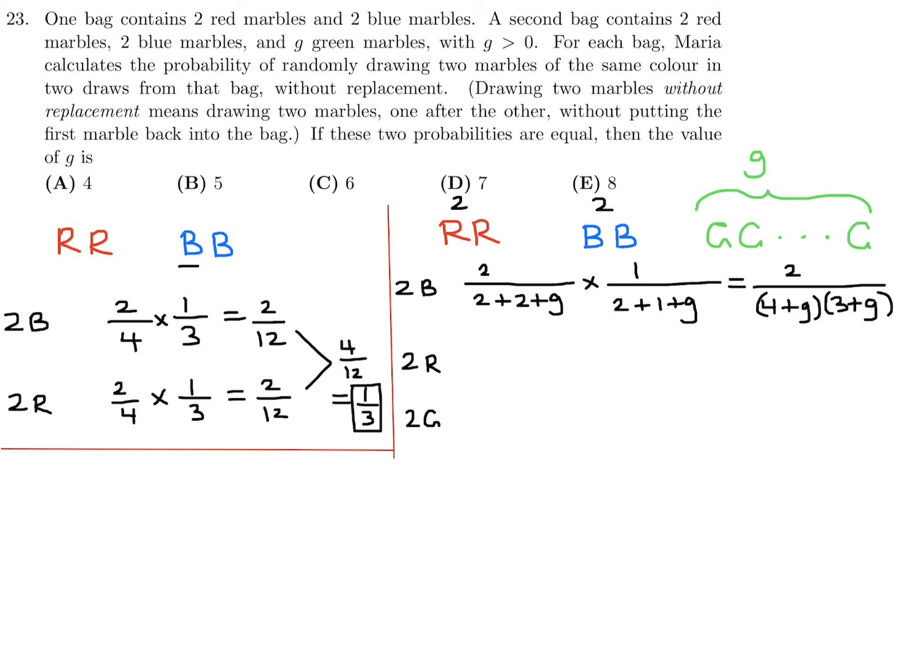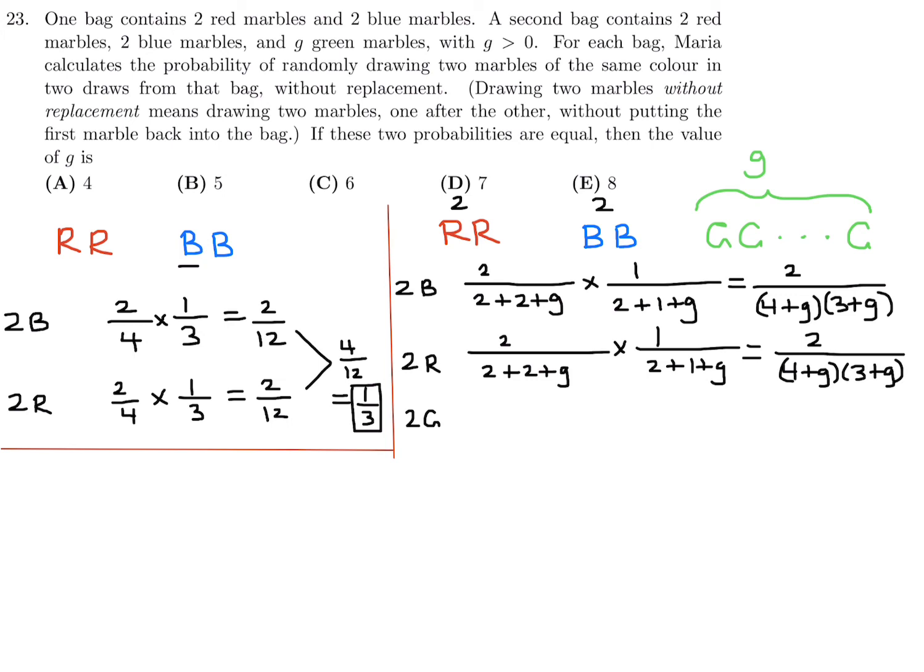For the 2R, it's the same story, 2 over 2 plus G times 1 over 2 plus 1 plus G, and it comes out to be exactly the same, 4 plus G times 3 plus G.